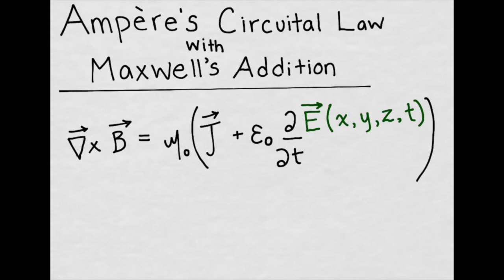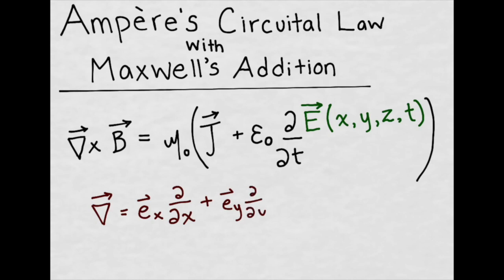Recall that the del operator can be written like this if you're using Cartesian coordinates. So this is a unit vector in the x direction multiplied by the partial derivative with respect to x plus a unit vector in the y direction times the partial derivative with respect to y plus a unit vector in the z direction multiplied by a partial derivative with respect to z.